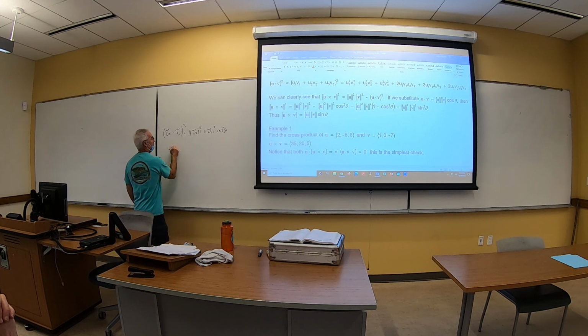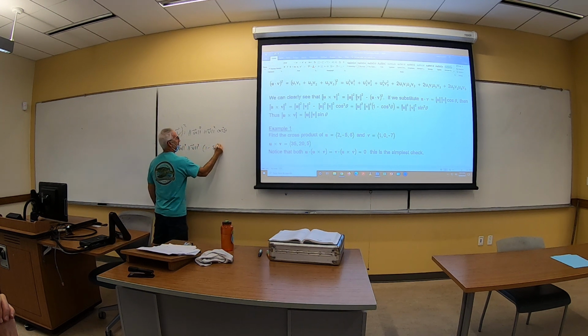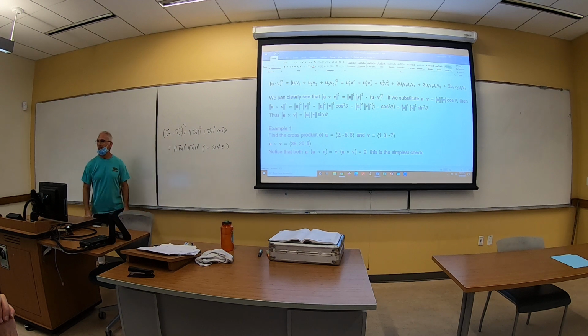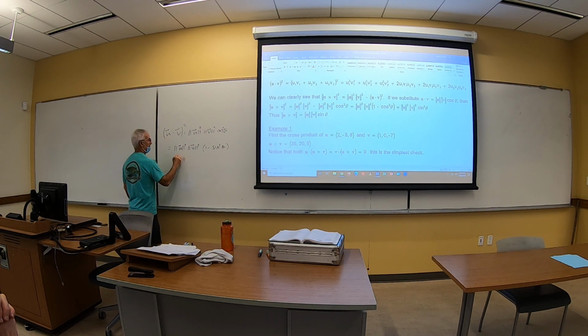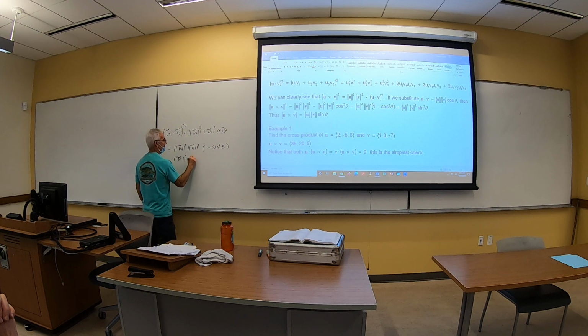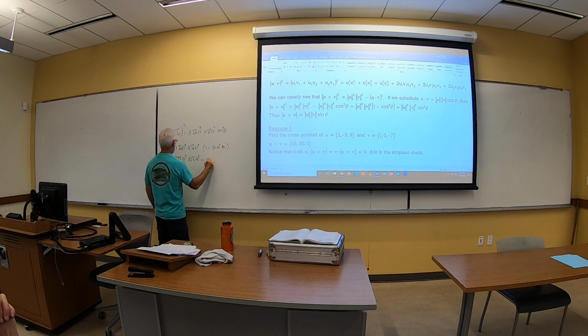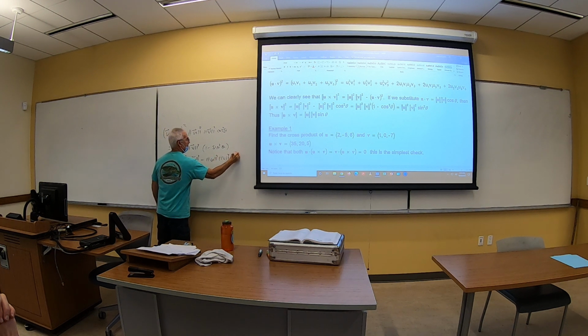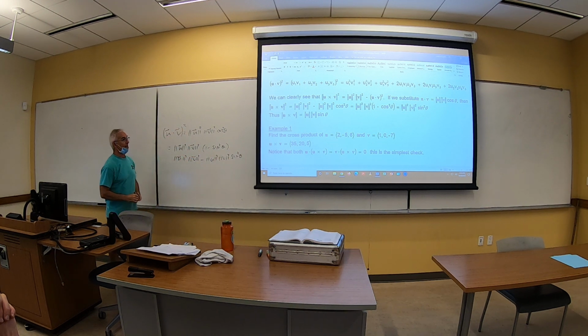Let's go a step further. Then wouldn't that be, I'm doing the stuff that's easy, wouldn't it be that? And now when I distribute, I get that. Okay, I see all that.